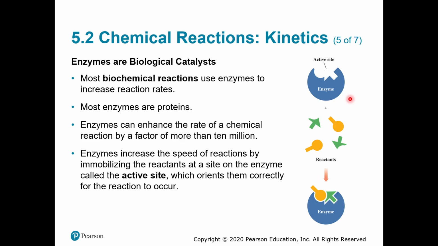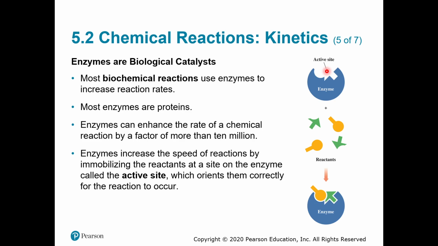This right here is what's called the lock and key model. It's sort of the entry-level, most basic model of how enzymes work, and it's a pretty easy one to understand. So what you have here is the enzyme. It has an active site. It's going to be shaped similar to those reactants so that it can bind nicely to those reactants and have them in the proper orientation.